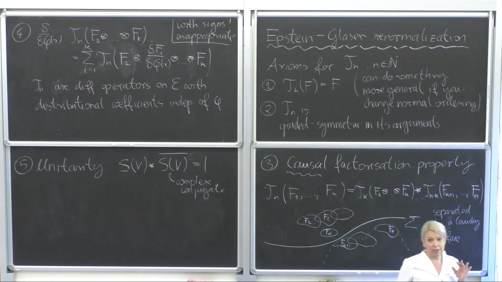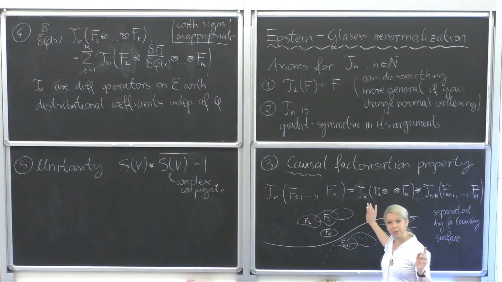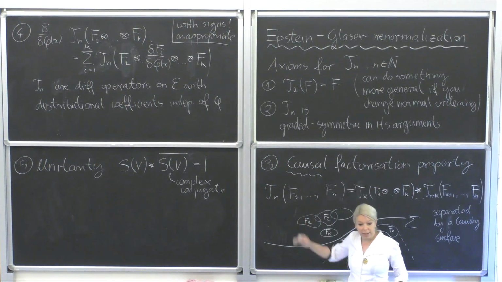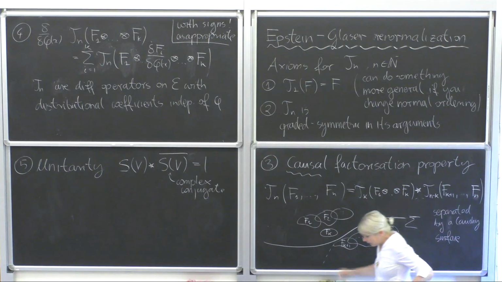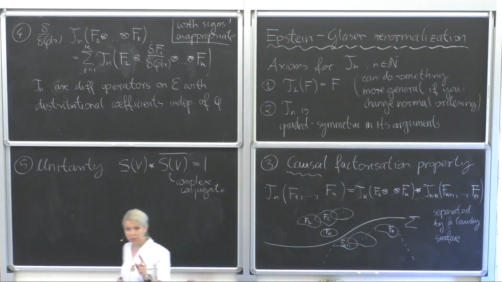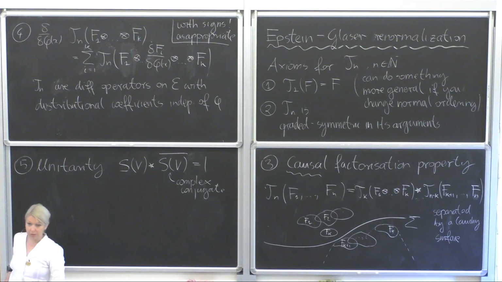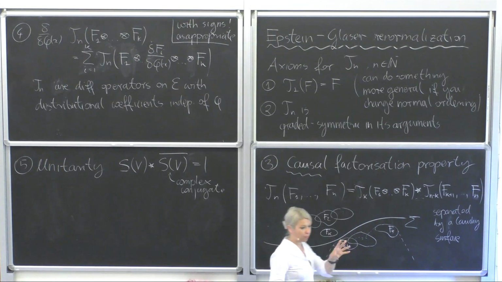So now, after listing this, you can probably almost see what I'm going to do. I said that this property here is telling us how to construct T_n from lower-order T_k's. And this is exactly how the proof goes. Epstein and Glaser have shown that there exists a family of T_n's satisfying these properties.